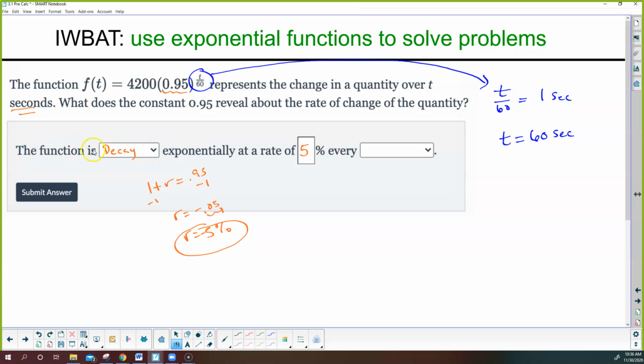So that means that the function is decaying exponentially at a rate of 5 percentage points, or 5% every 60 seconds. Now here's the case where they might say 60 seconds right here, or isn't 60 seconds just a minute? Right? So you have to really kind of read through that. If they say every 30 days, they might have the word month here instead of 30 days.